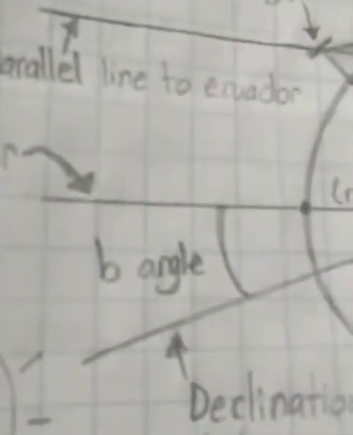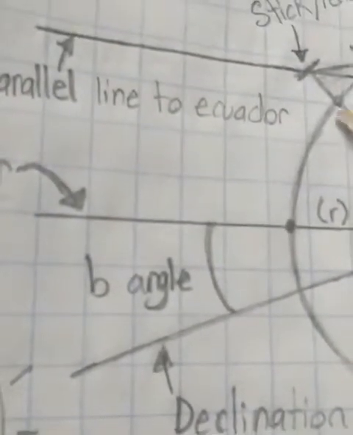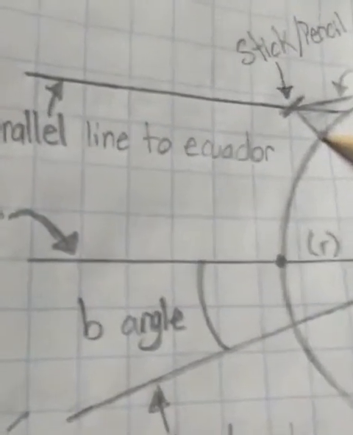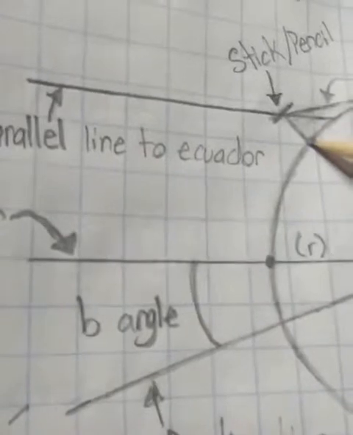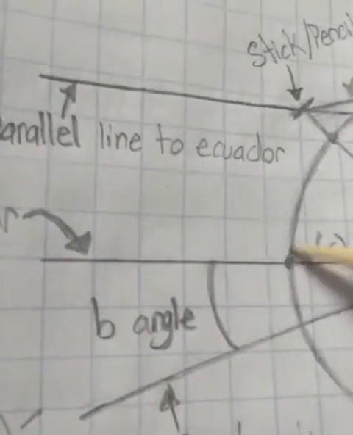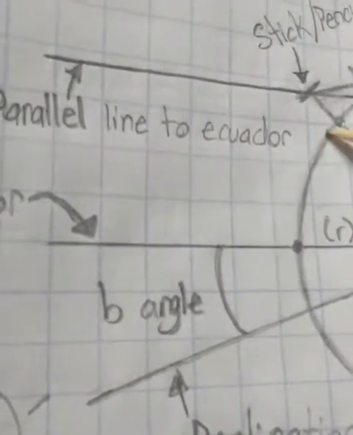So once we add these two angles, we also need to know the distance between the position of where we measure the stick and the equator. So this distance needs to be calculated.